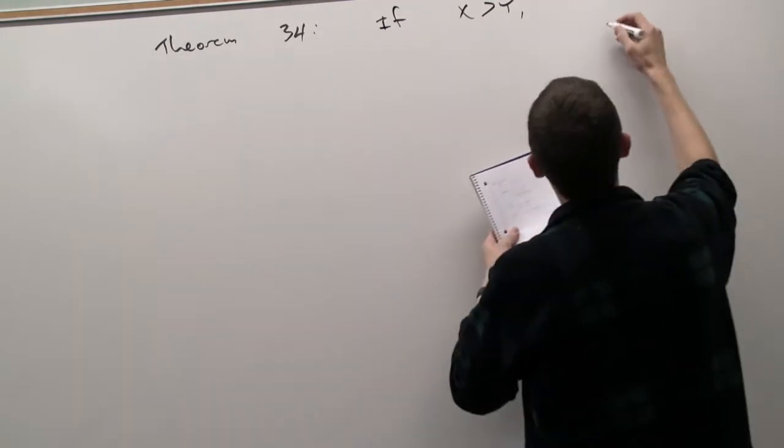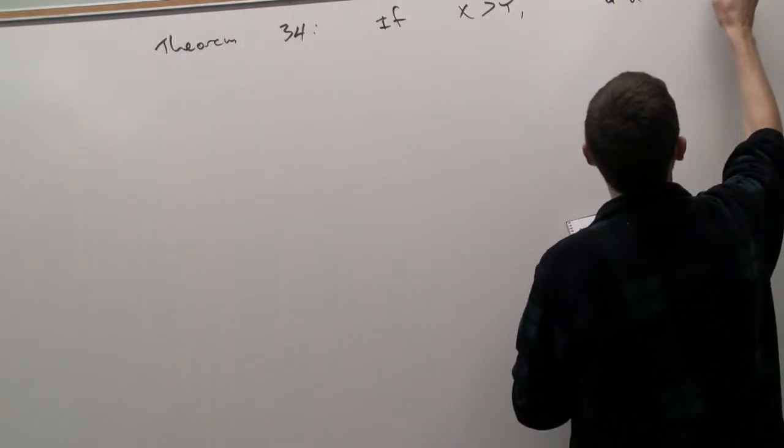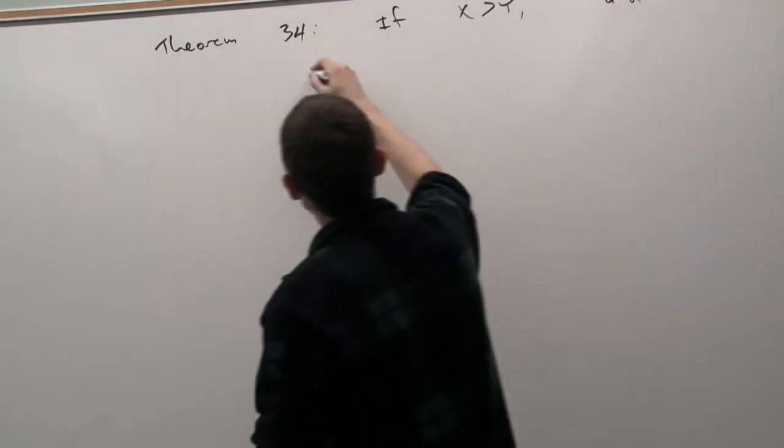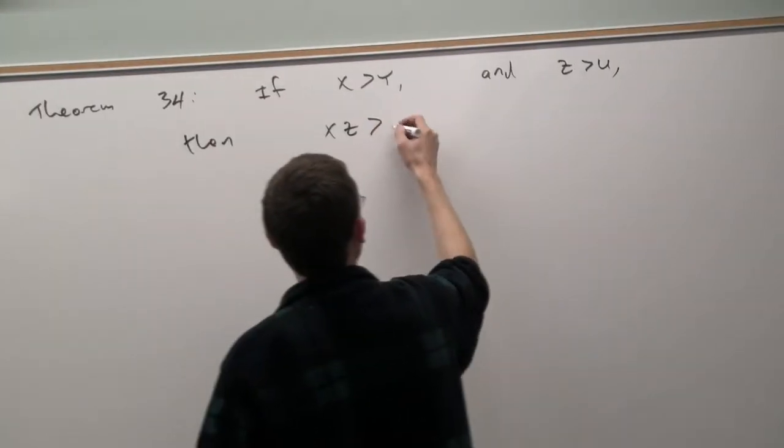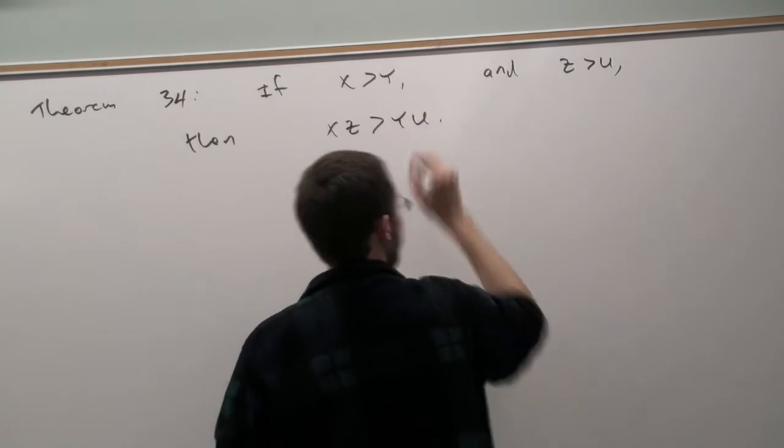If x is greater than y, and z is greater than u, then xz is greater than yu.